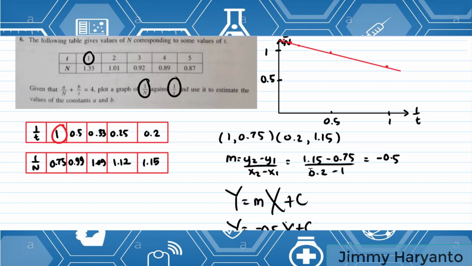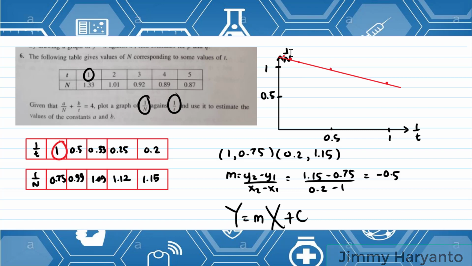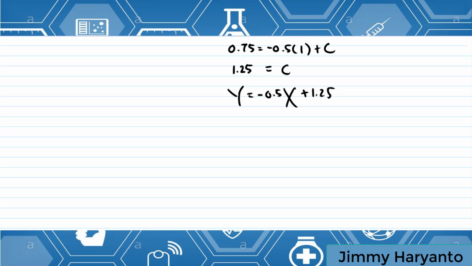Do not forget we have to change the big Y and the big X into 1 over n and 1 over t. So I will change this into 1 over n and this one as 1 over t. There you go. Equals negative 0.5 plus 1.25.